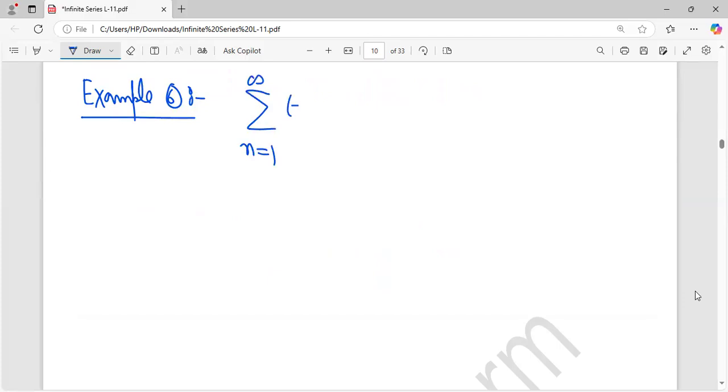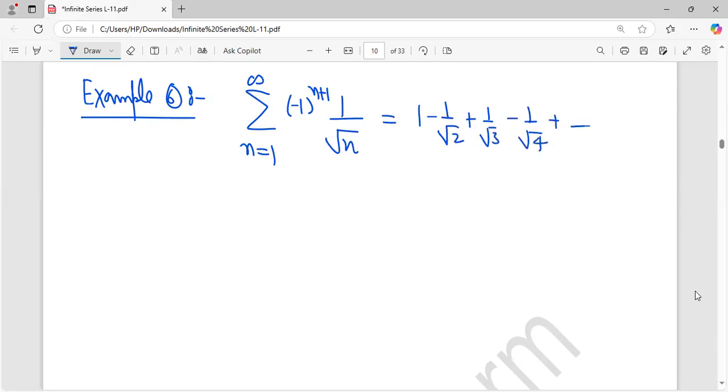Now another example, this series, that is 1 minus 1 upon root 2 plus 1 upon root 3 minus 1 upon root 4.